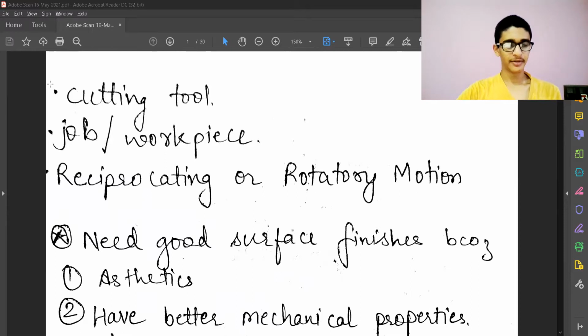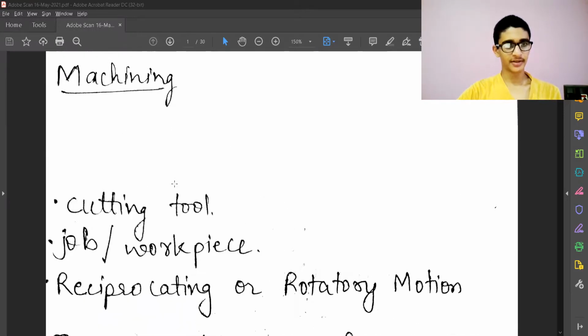Then the major points of study should be the cutting tool, the machining tools. The machine tools are the lathe, the drilling machine. All those machines are called machine tools. Then we have job and workpiece, that is, what I'm going to machine, and how the motion is happening.